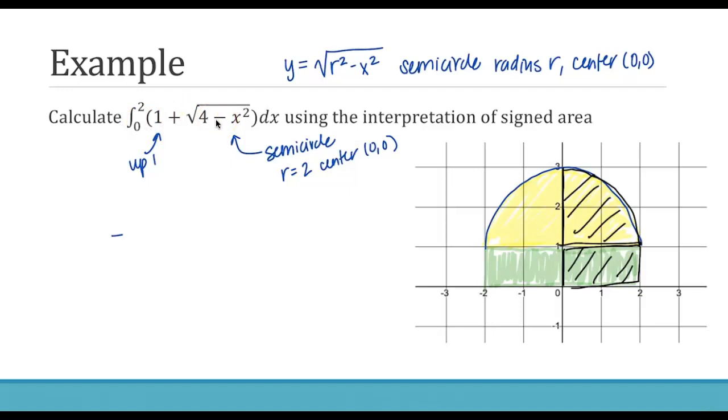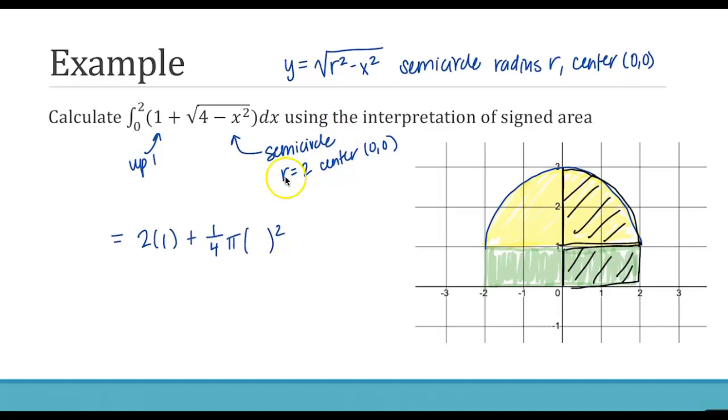So this definite integral is going to equal, let's calculate the rectangle first. So we have just base times height. So base 2 times height 1. So 2 times 1 plus the area of a quarter circle is 1/4 of a circle. So we're going to have 1/4 pi times the radius squared.